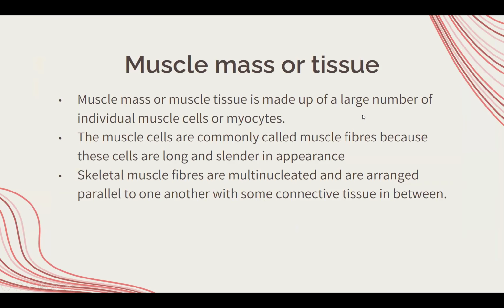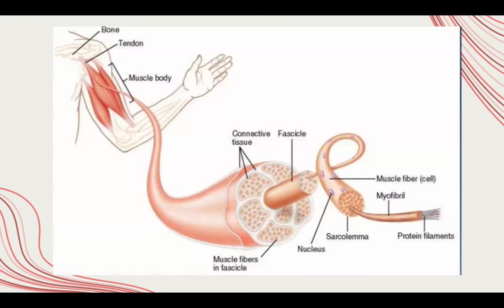Muscle mass or muscle tissue is made up of a large number of individual muscle cells, or myocytes. These muscle cells are commonly called muscle fibers because they are long and slender in appearance. Skeletal muscle fibers are multinucleate, and they are arranged parallel to one another, with some connective tissue in between.